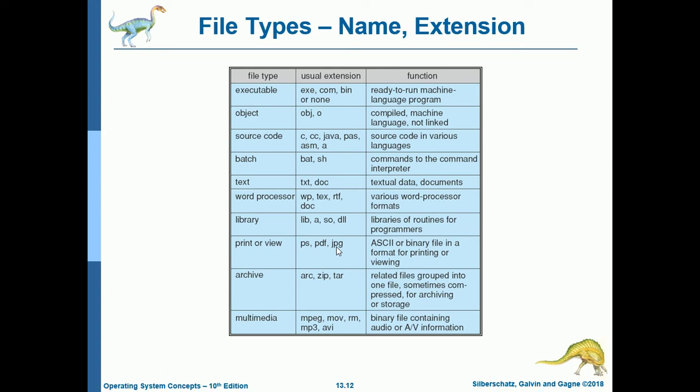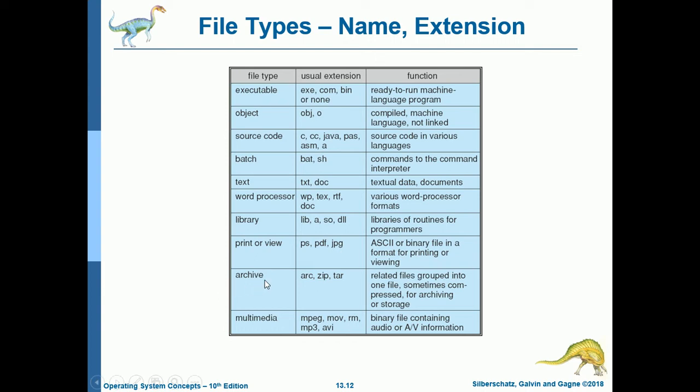These are ASCII or binary files in a format for printing or viewing. Again, this is not limited to .jpg, because there are also other image file types such as .gif, .png, .bmp, .tiff. So we have many file types for images.